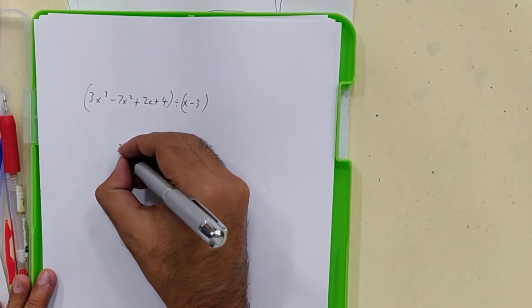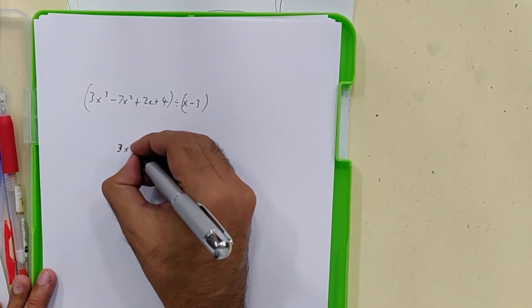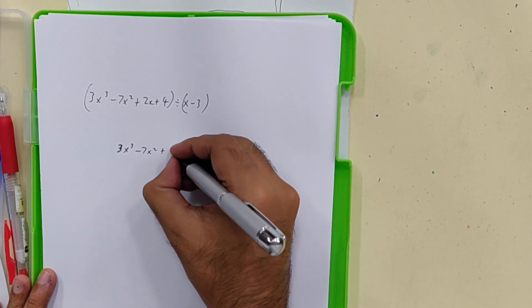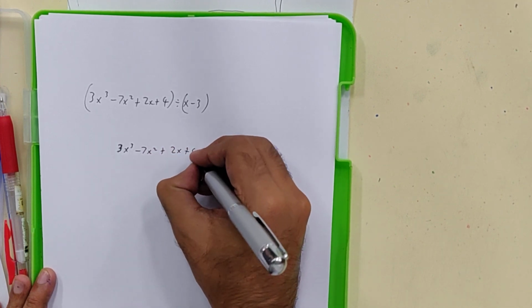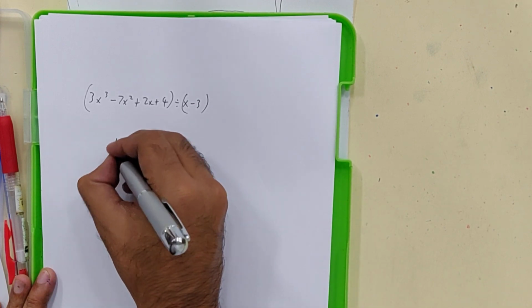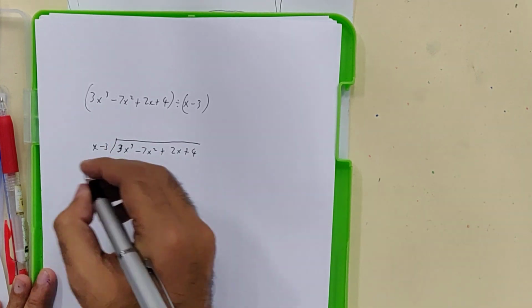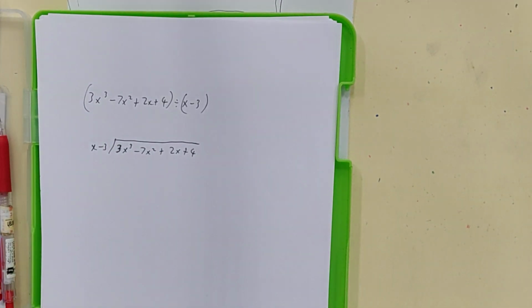So, 3x cubed minus 7x squared plus 2x plus 4. And this thing here I want to divide by x minus 3. Okay class, good luck.